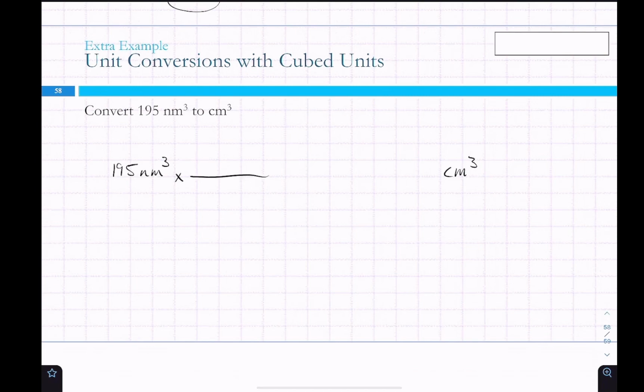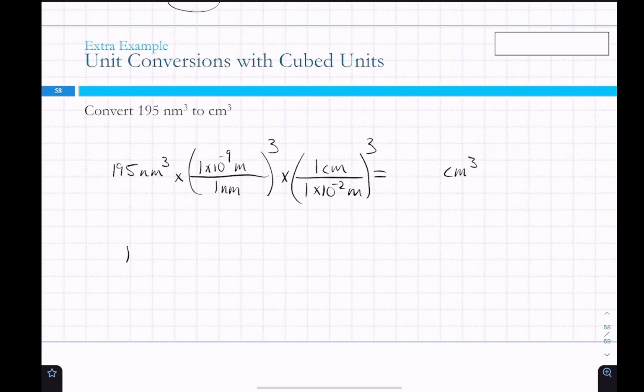So 1 nanometer is 1 times 10 to the negative 9 meters. But then we need to cube that. And then we want to go from meters to centimeters. So 1 centimeter is 1 times 10 to the negative 2 meters. And then we need to cube that as well.